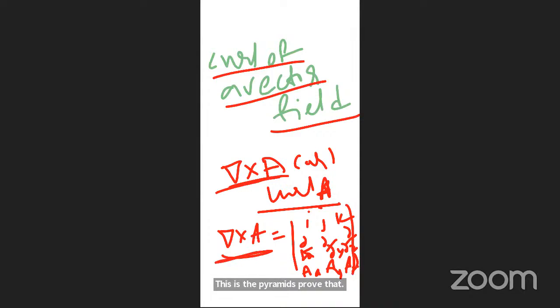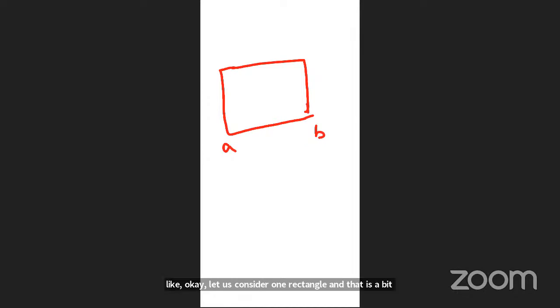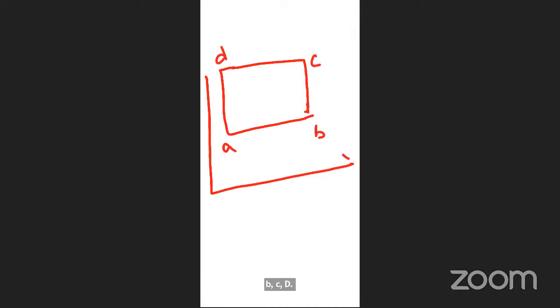First of all, let us consider a rectangle ABCD, with the x-axis direction and y-axis direction. Let us consider this small rectangular area ABCD in a vector field.